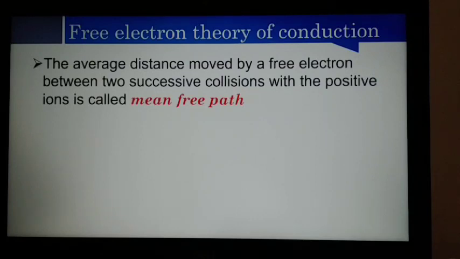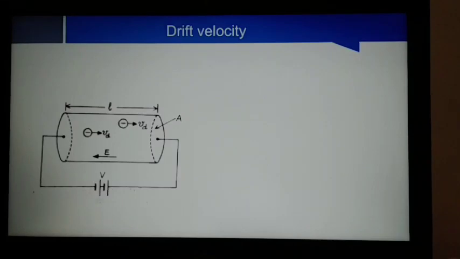Suppose you have a conductor, a conducting wire of length L, and it has a cross-sectional area A. There are n free electrons per unit volume.